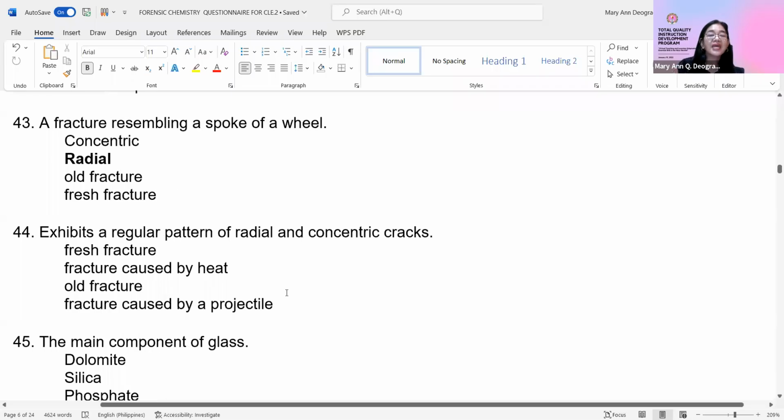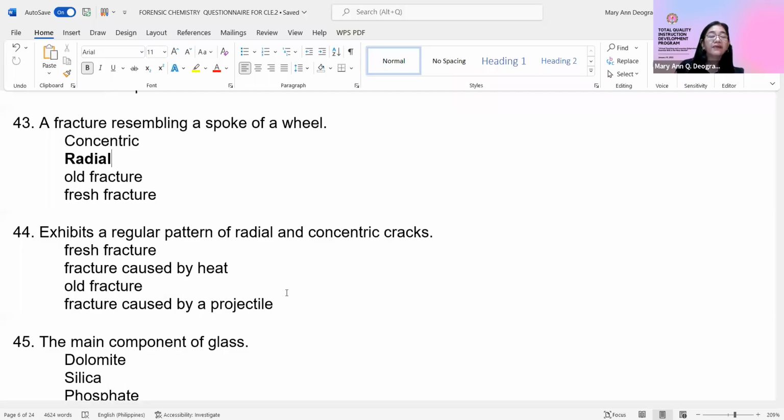Alright, next exhibits a regular pattern of radial and concentric cracks. Is it fresh fracture, fracture caused by heat, old fracture, or fracture caused by a projectile? We already had the projectile earlier. It shows a regular pattern. Fresh fracture. Our choices are only fresh or old fracture.